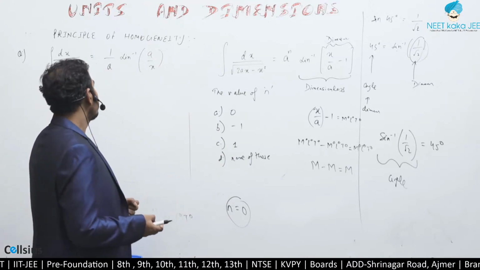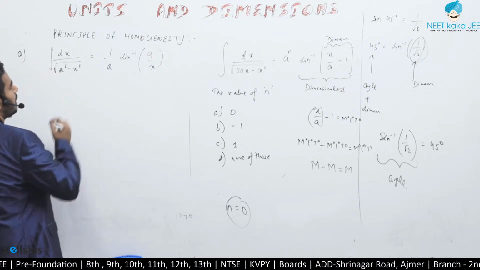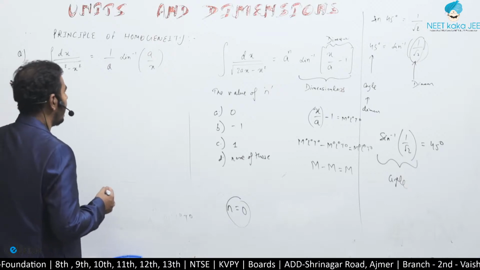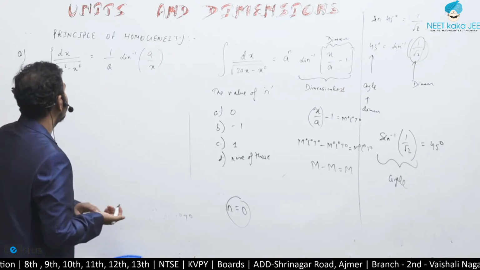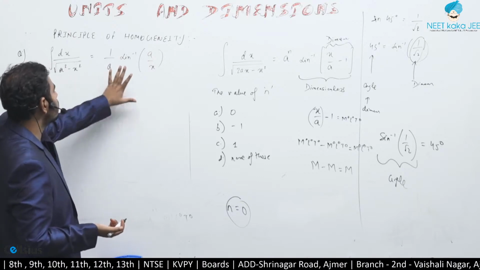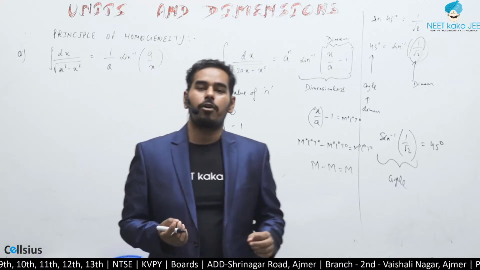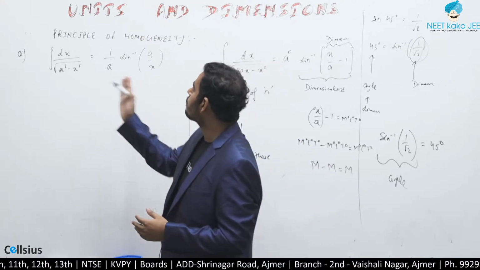Okay, so now in this particular numerical, it is integration of dx upon under root of a square minus x square is equal to 1 by a sine inverse of a by x. So you will now have to say if this formula is dimensionally correct or not. And how do we check if the formula is dimensionally correct or not? We see both sides of equal to.